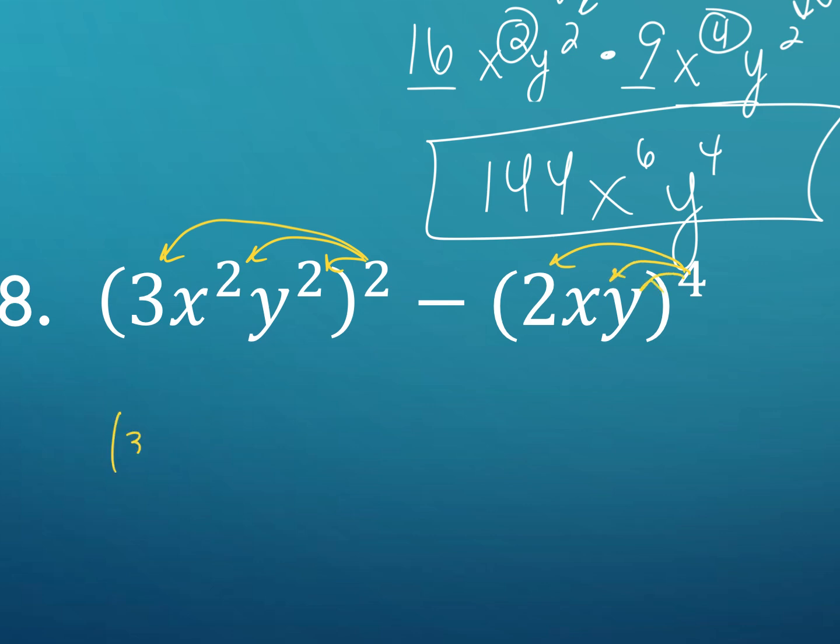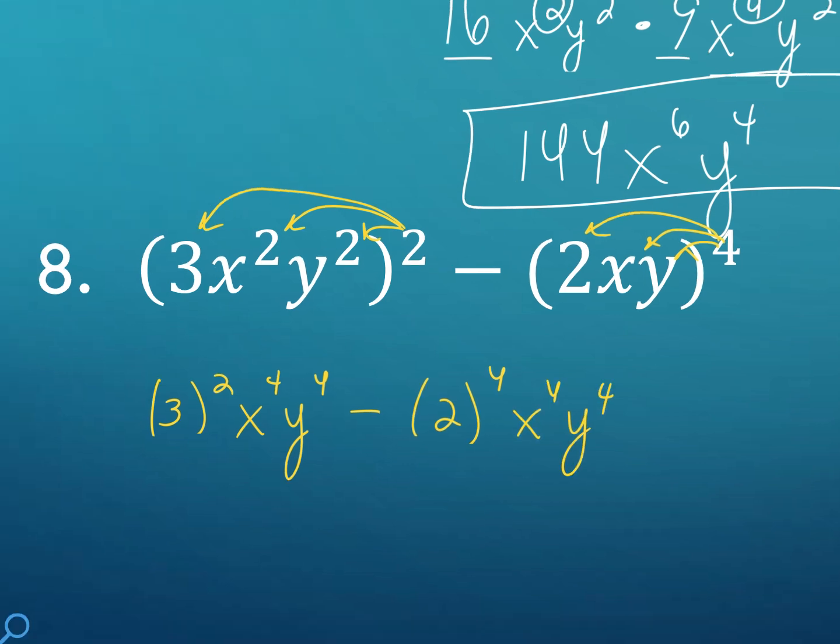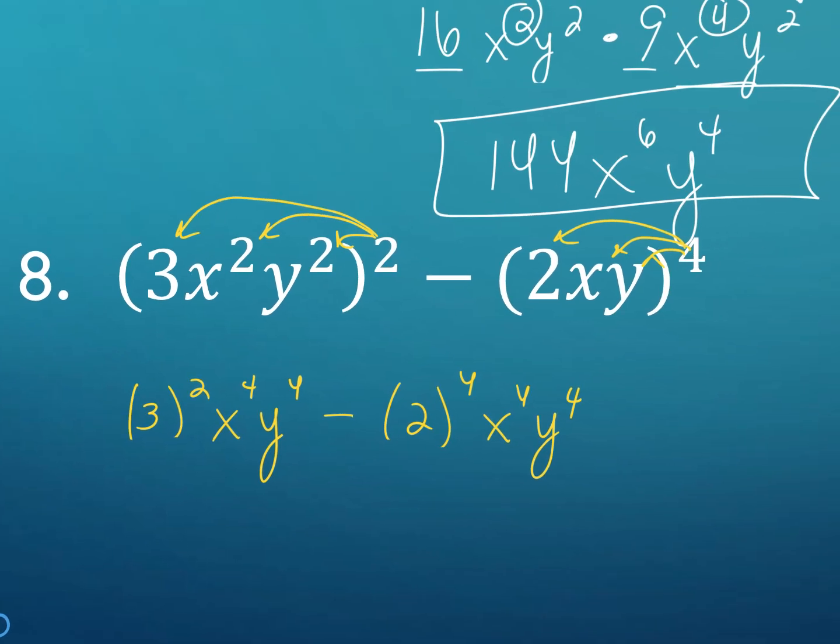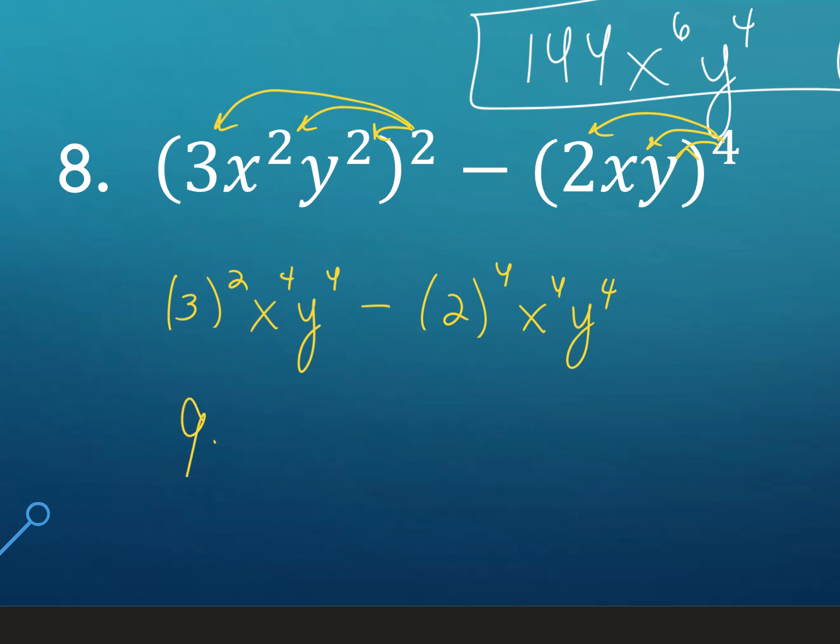So I have 3 squared x to the 4th, and y to the 4th, minus 2 to the 4th, x to the 4th, y to the 4th. Agreed? Okay, so simplify. 3 squared is 9, so I have 9x to the 4th, y to the 4th, minus 16x to the 4th, y to the 4th.